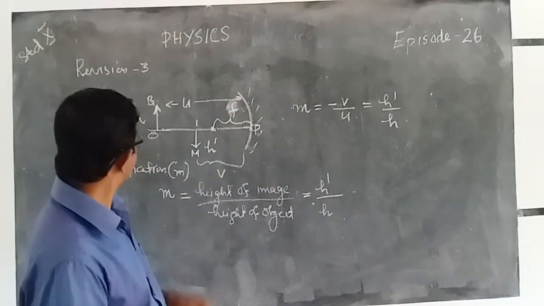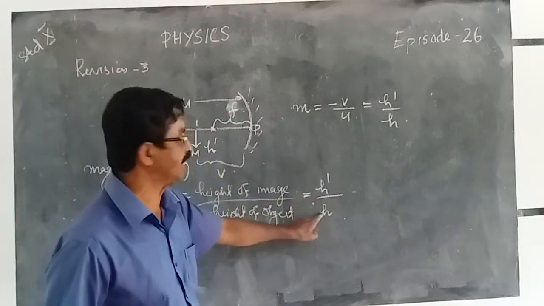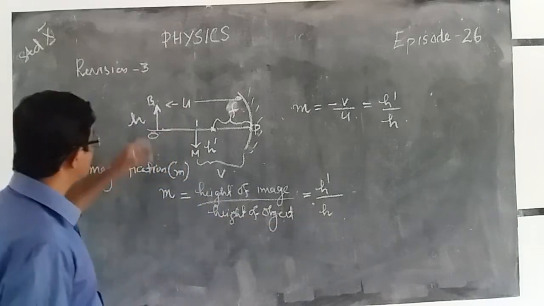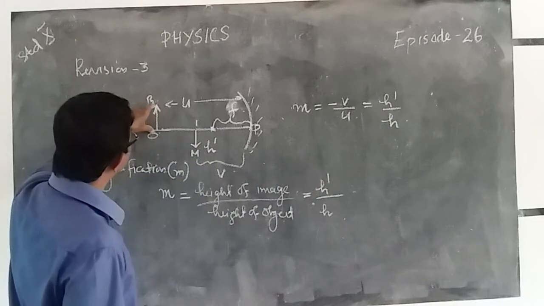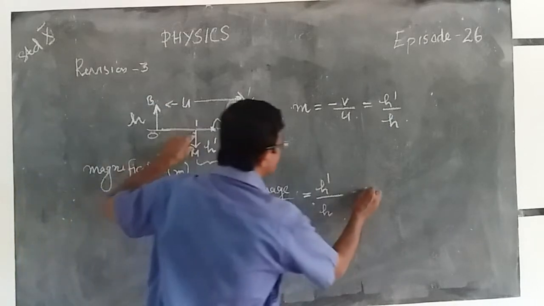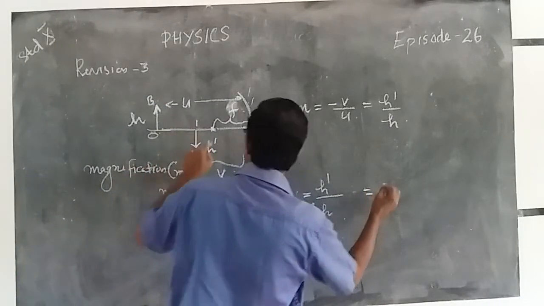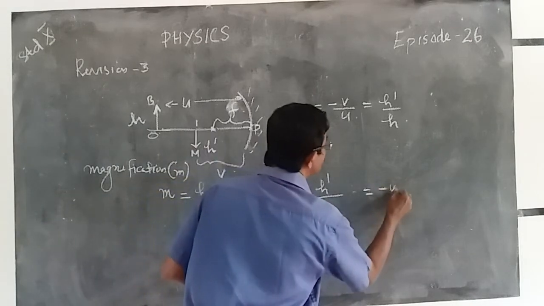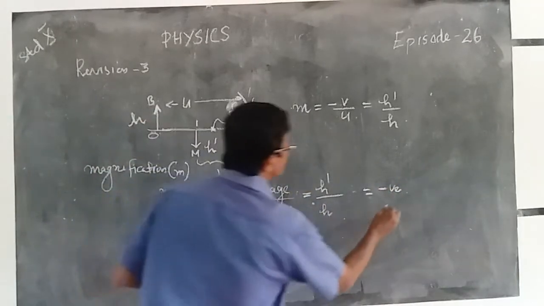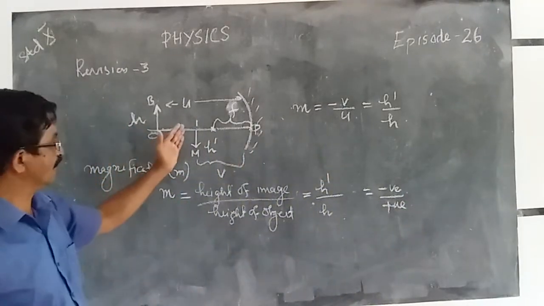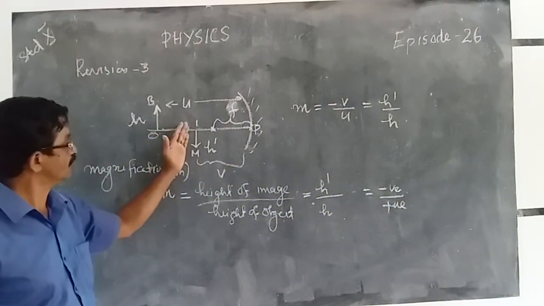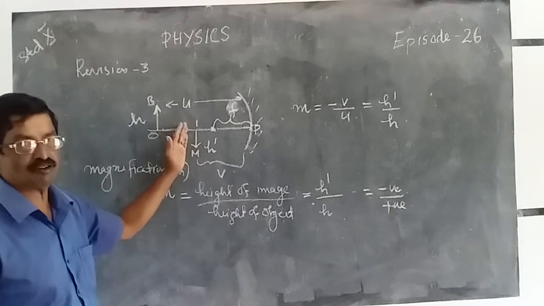See, when we consider M is equal to h dash by h, this is the object and this is the image. Here h dash, the height, is negative and here it is positive. If the image is real, then only we get it inverted.